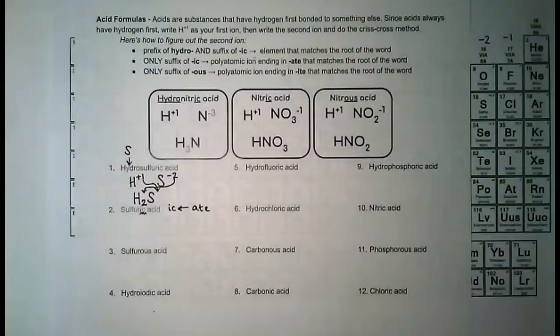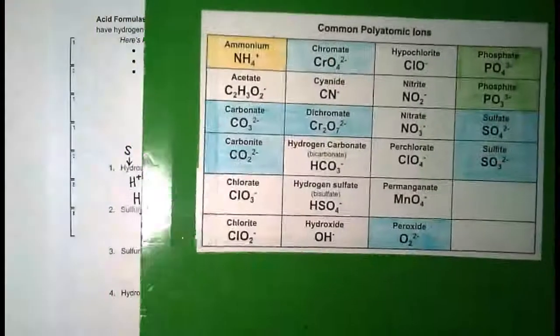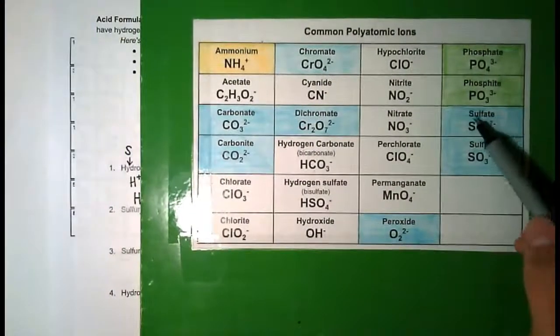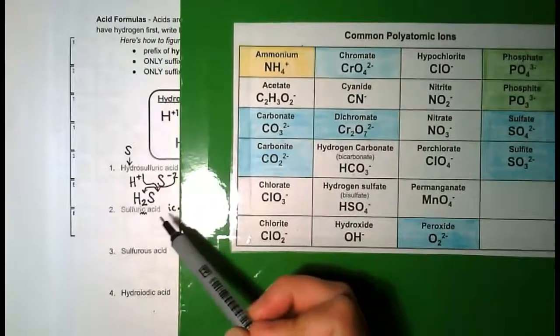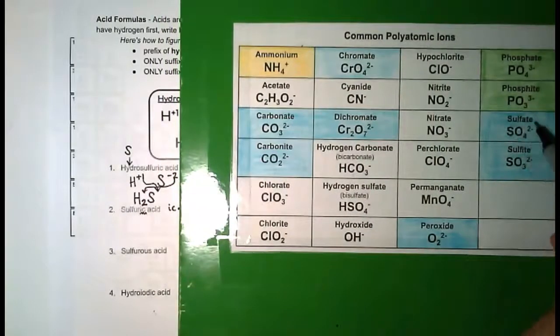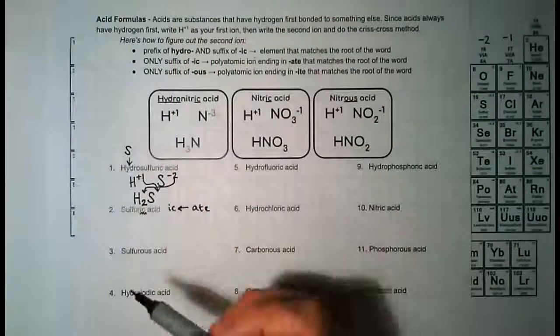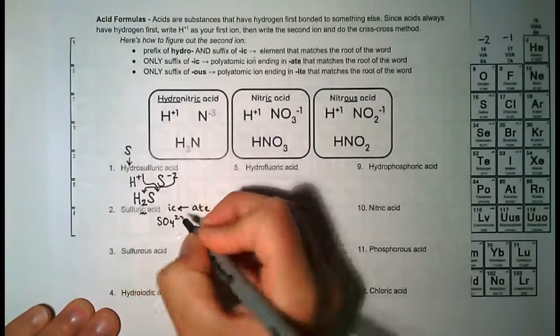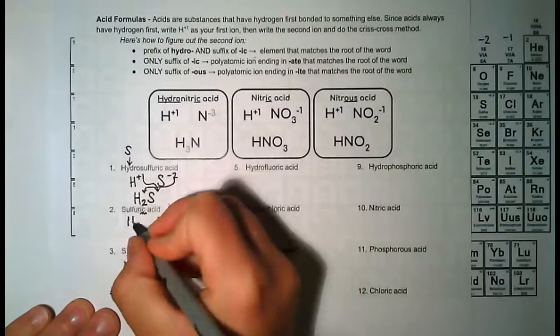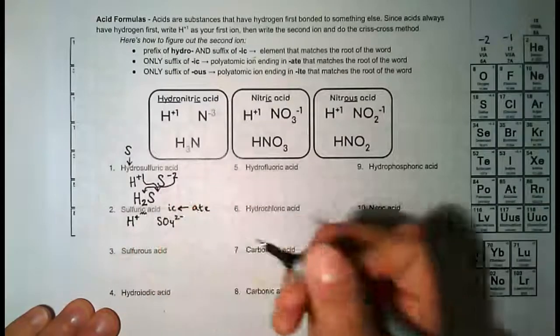So coming over to our list, in case you don't know your polyatomic ions yet, we're looking for the polyatomic that contains sulfur and ended in ate. That would be the sulfate ion, SO4 2-. I'm going to write that first so I don't forget, SO4 2-, and then my first element is of course going to be hydrogen, H+.